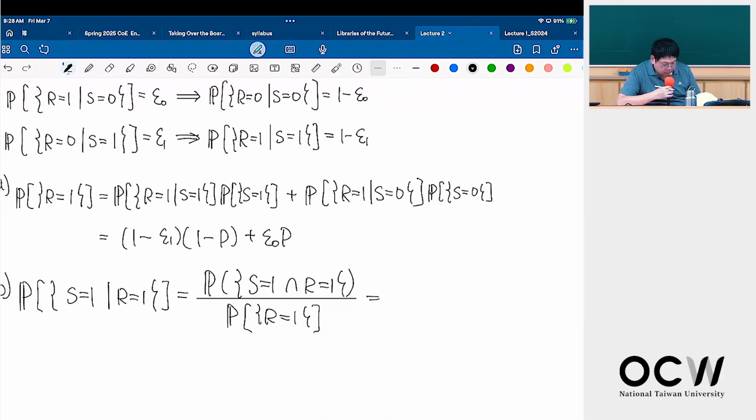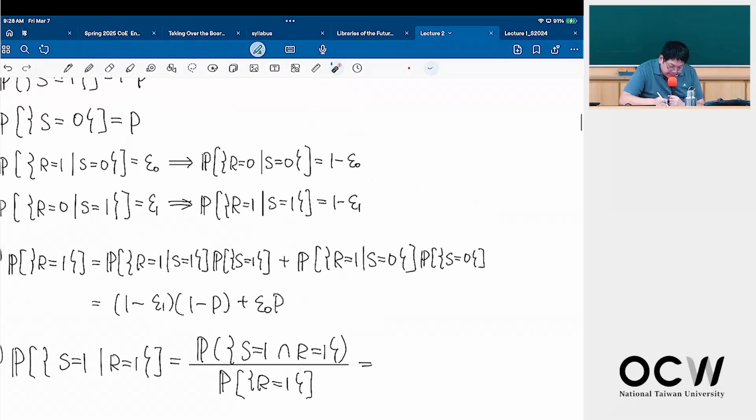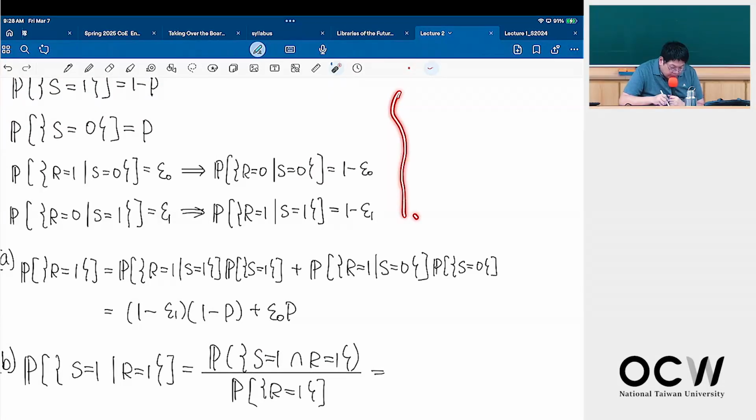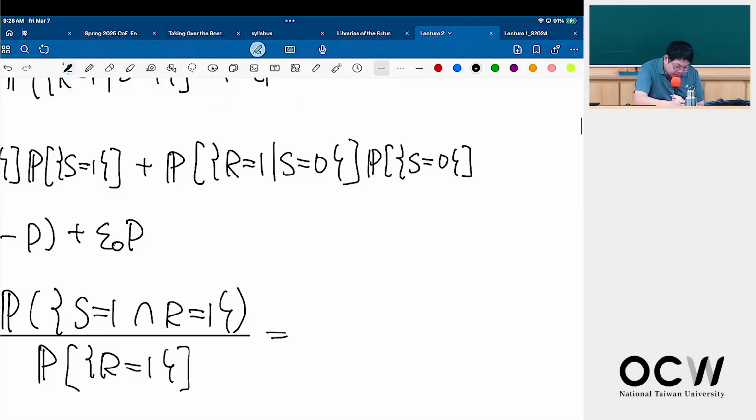So what is A intersect B? We only have these 4 options, so we may use them here. 1 is sent, intersect 1 is received.